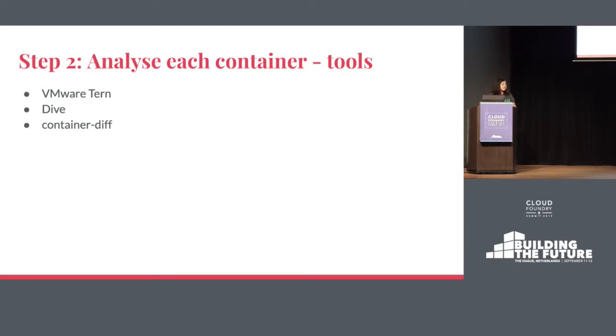Apart from this, there are also tools outside that can help you do this. Now, when we were doing this, we didn't have these tools, but now there are. For example, there's VMware Tern, there's Dive, and there's Container Diff. We know a little bit about VMware Tern.